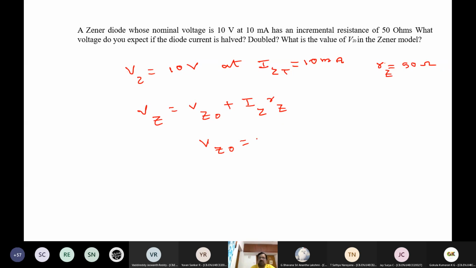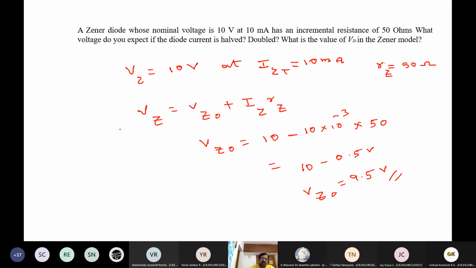So VC naught will be equivalent to 10 volt minus your IC is 10 milliampere and RC is 50 ohms. So you will get this is 500 into 10 power minus 3, that is 0.5 volt, 10 volt. So VC naught will be equivalent to 9.5 volt.